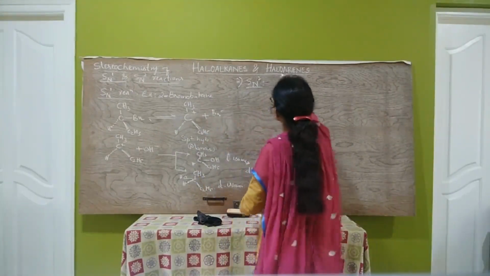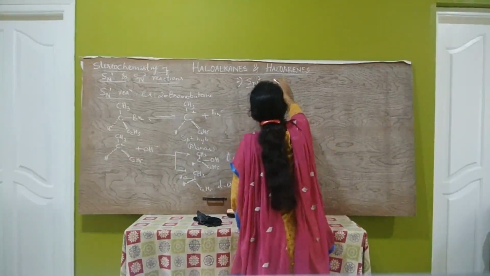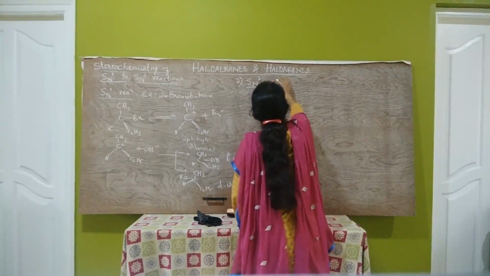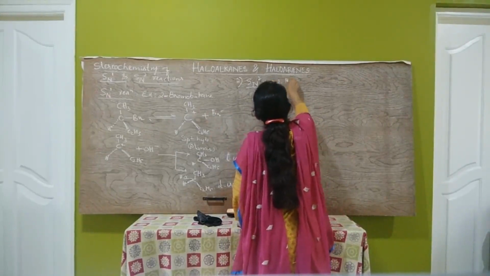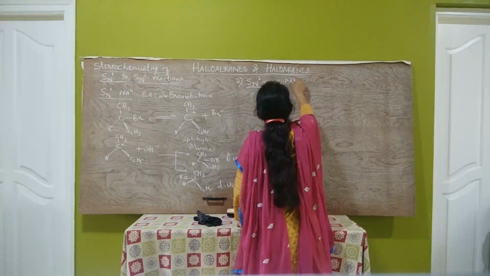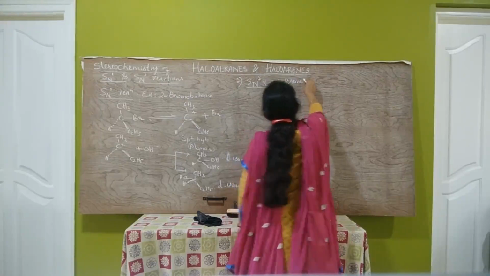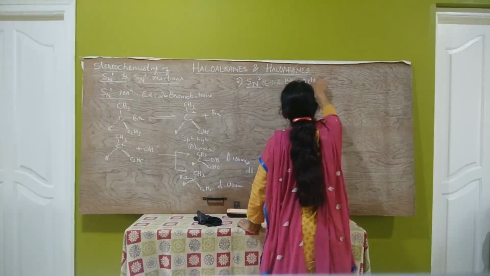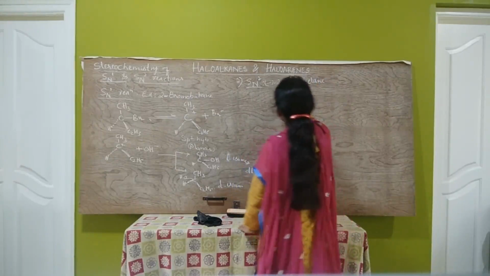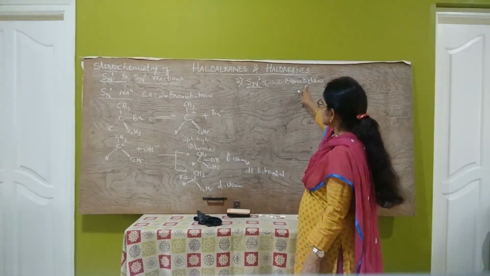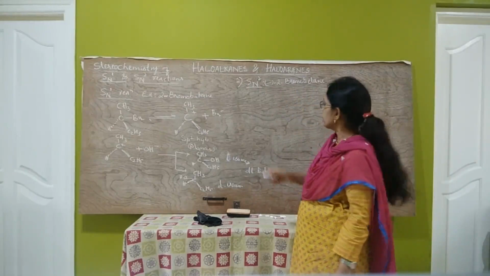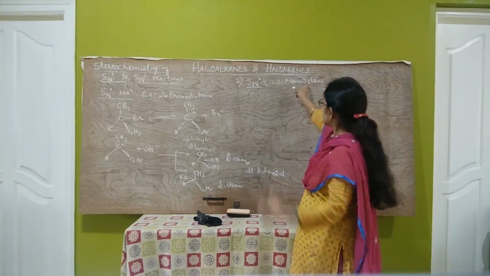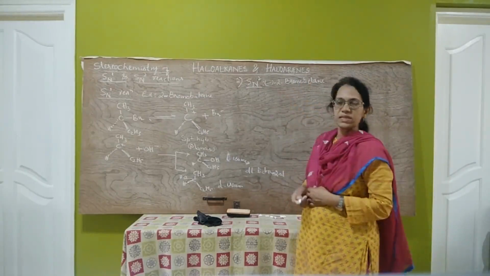So let us consider one example, minus 2-bromooctane. When 2-bromooctane is heated with aqueous NaOH, octan-2-ol is formed.